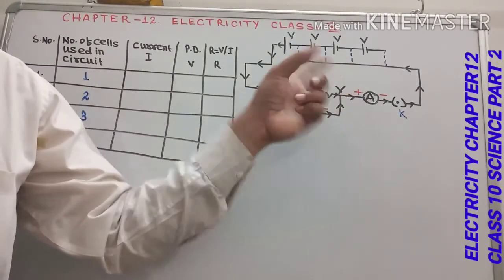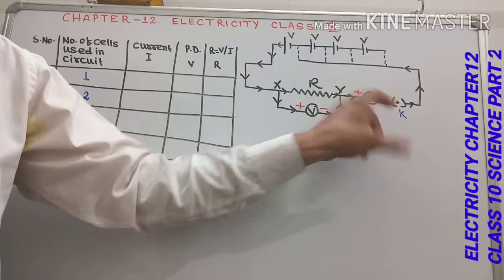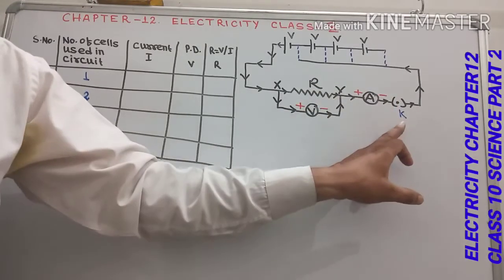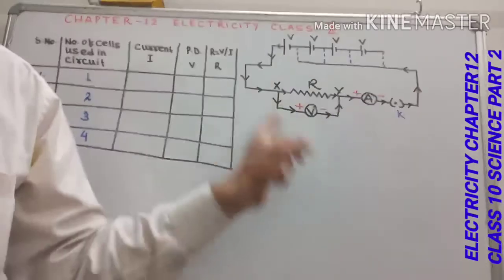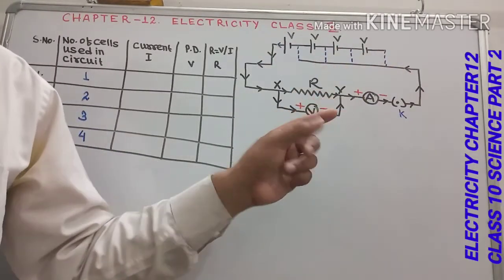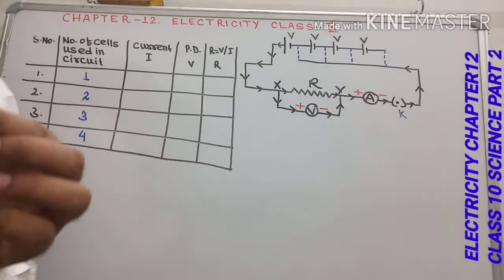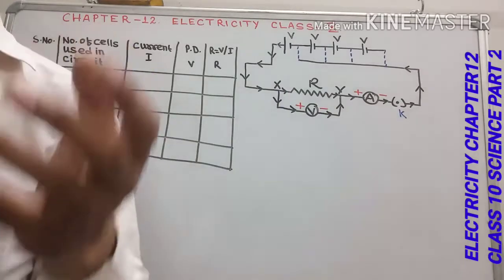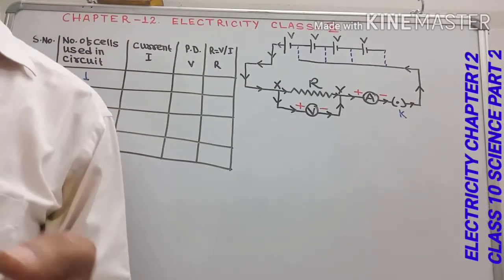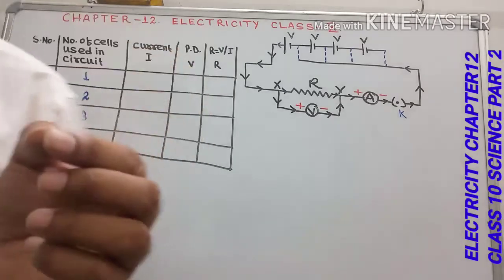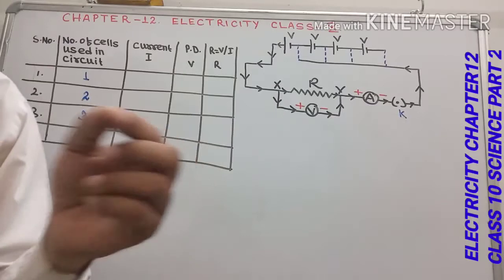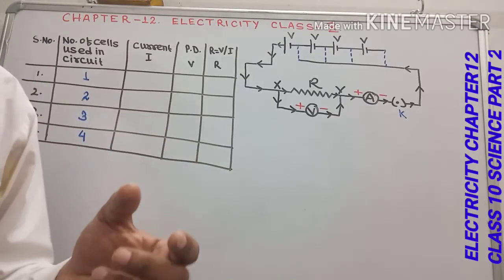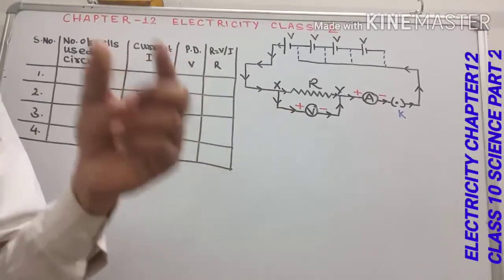We should stop the flow of current by opening the key, because if the current continuously flows in the circuit, the resistance of the conductor may get heated up, and we have studied in Ohm's law that if temperature varies, then the value of resistance will also vary. So before doing this, we should know it.